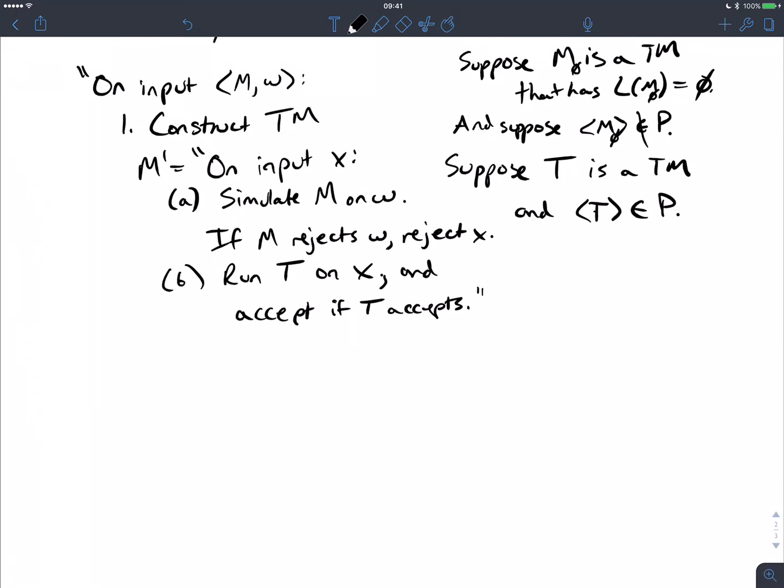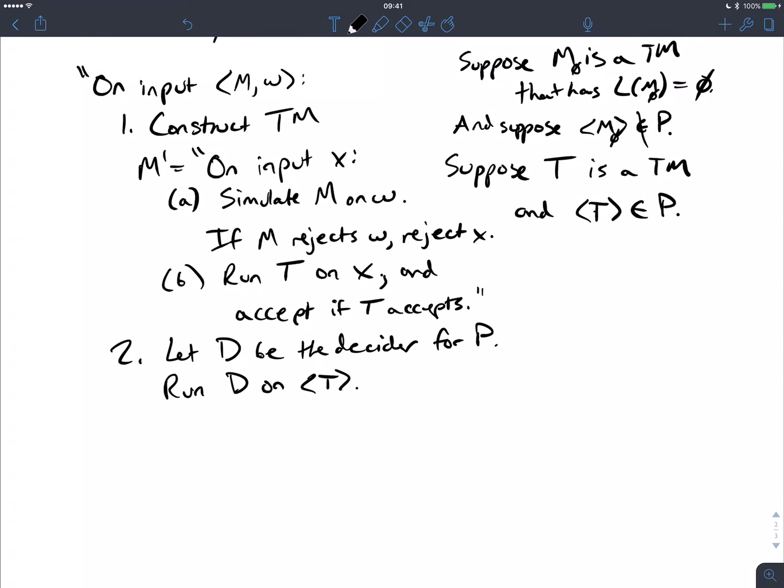Once we make this machine, now we have to feed it to this supposed decider for this property P. Let's call it D, the decider for this property P, and run D on the description of, not T, sorry, M prime.